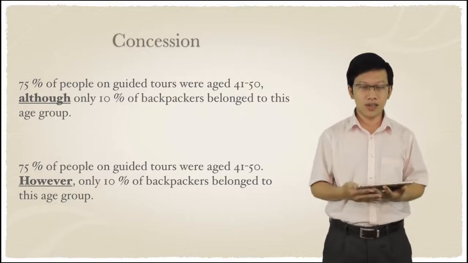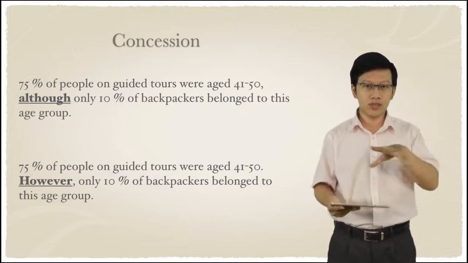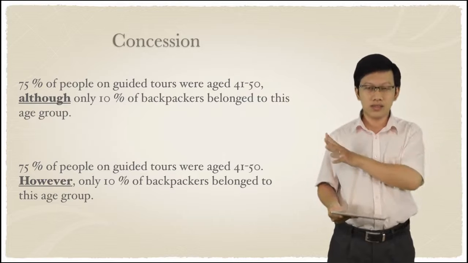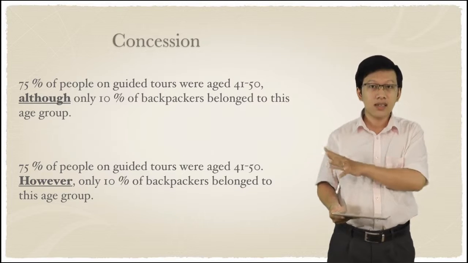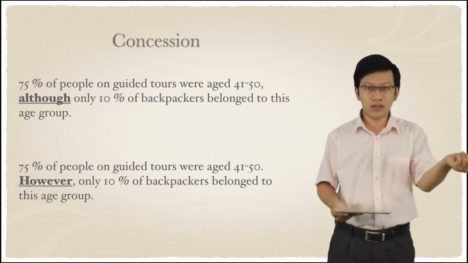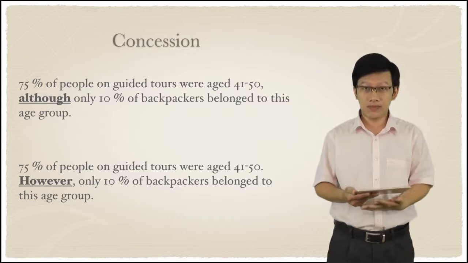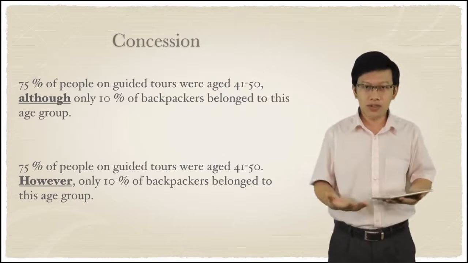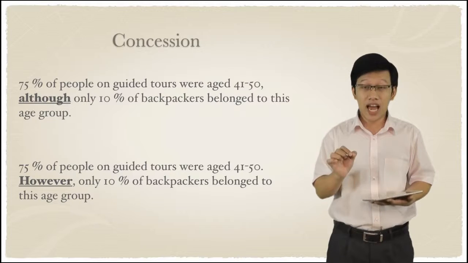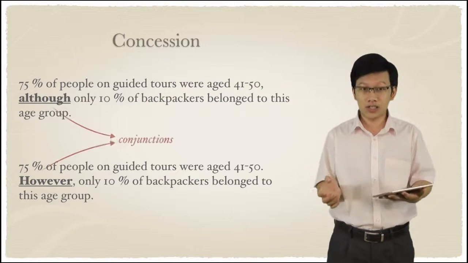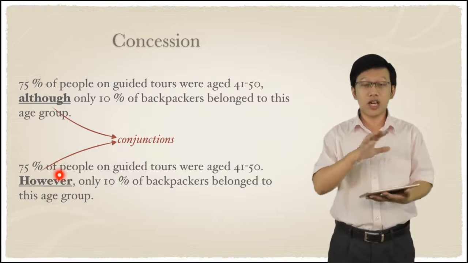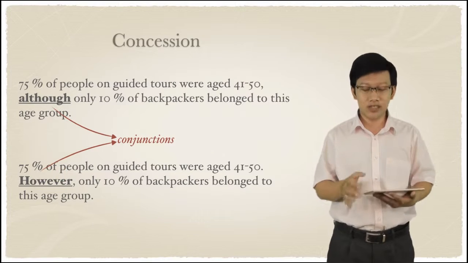When you're making a comparison between opposite things, 75% of this, although this one is less, or the vast majority believe something, however, a small minority something else. Now that is called concession. So you can think about concession like comparison using contrastive adverbs and conjunctions, right? Although and however are basically conjunctions that we can use to connect ideas.